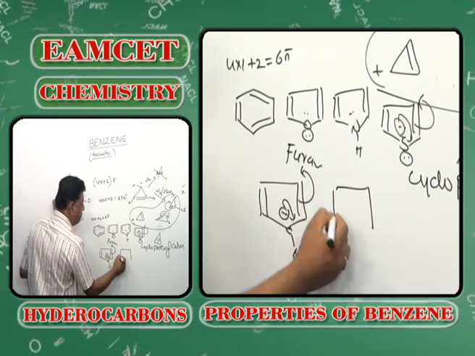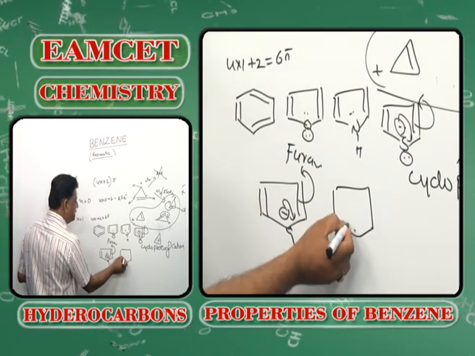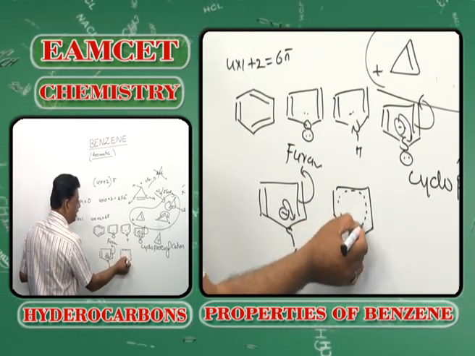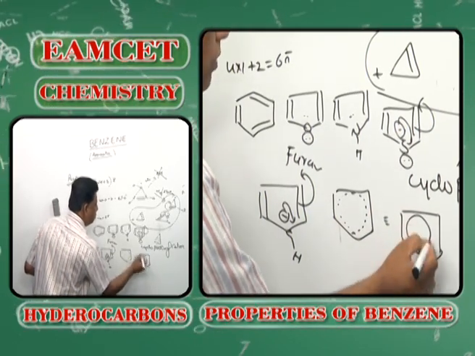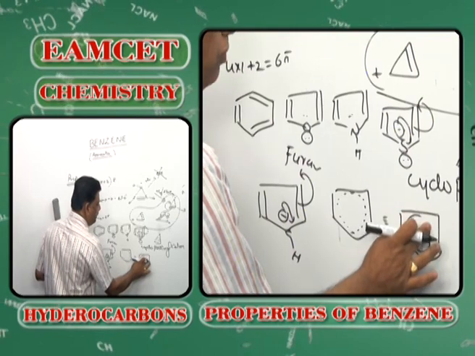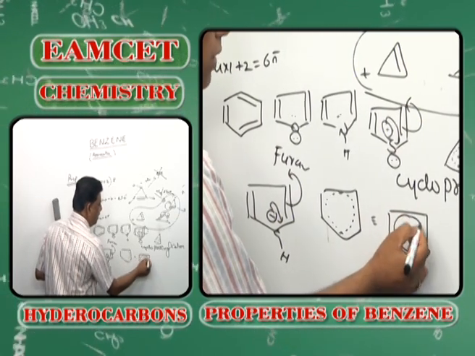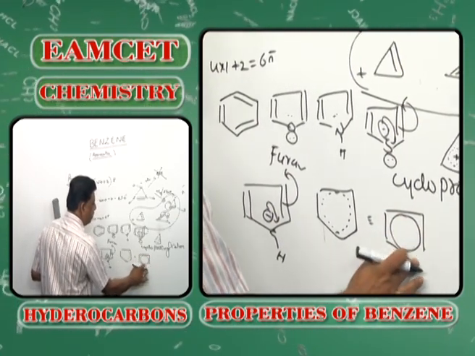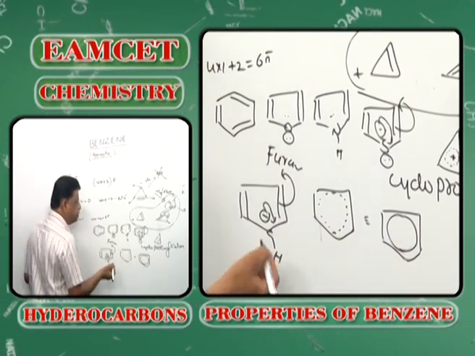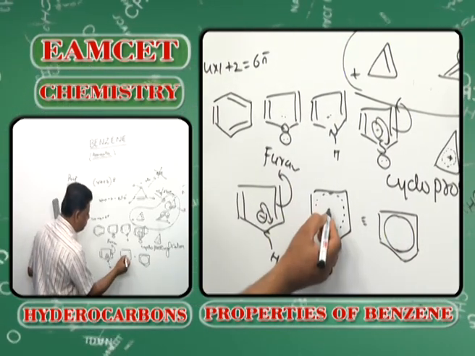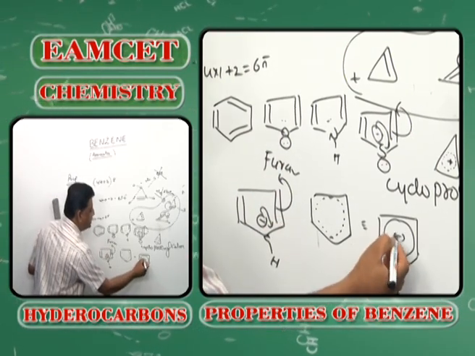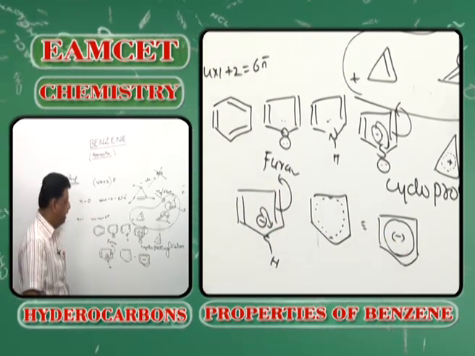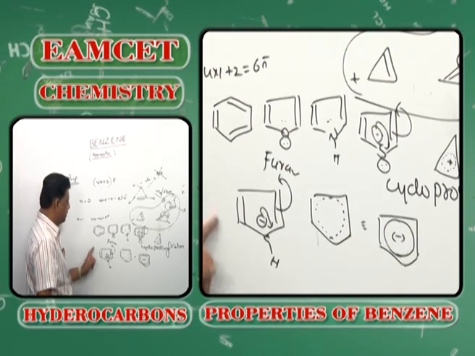We have 5 carbons and we don't know where exactly the double bond is, so they show it like this, or you can simply show a circle, but this circle should be as close as possible to the single bonds, and it should not touch them. The negative charge is spread over all the 5 carbons, so better put it in the center. This is called the resonance hybrid structure of this particular piece.